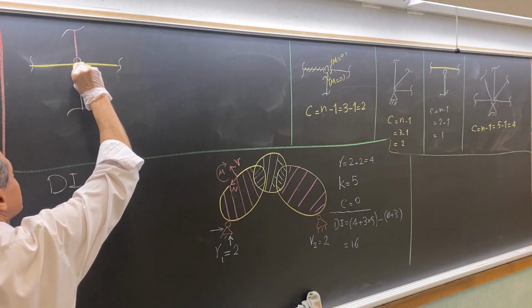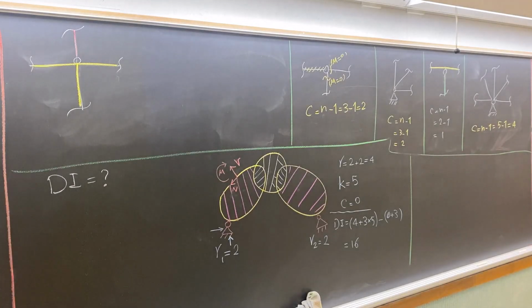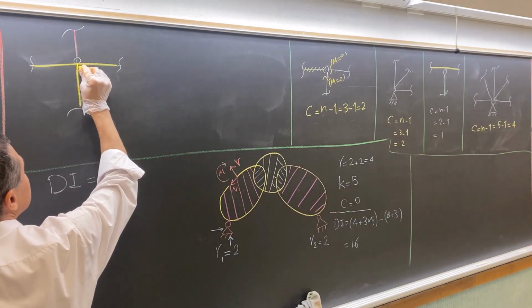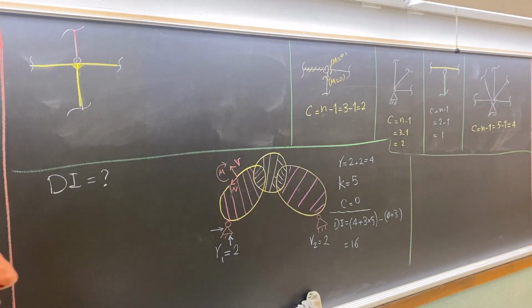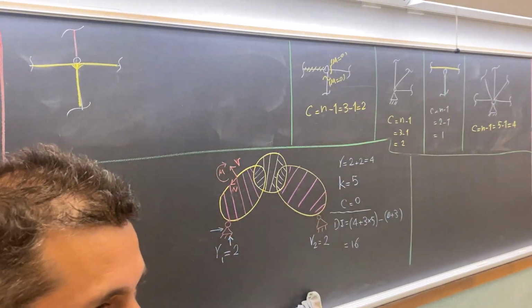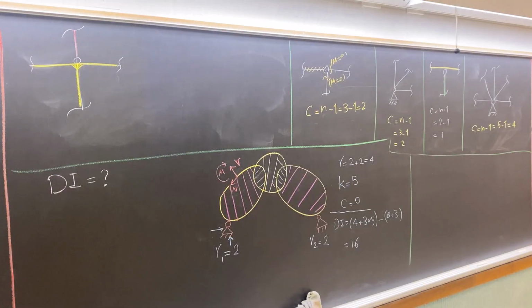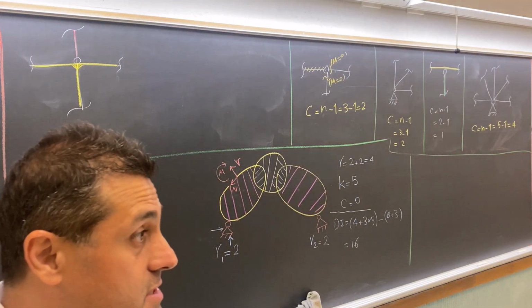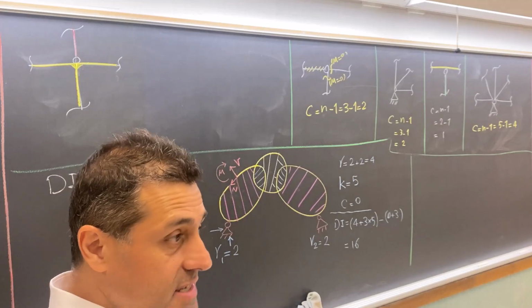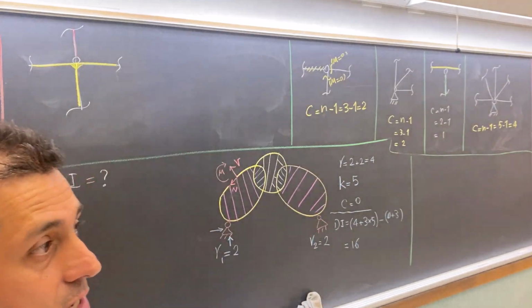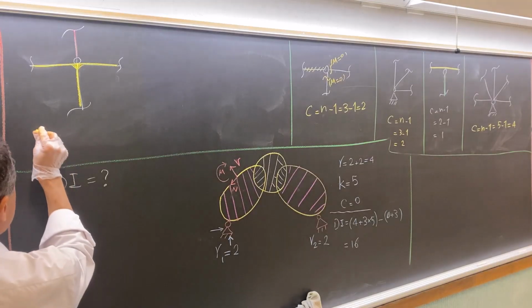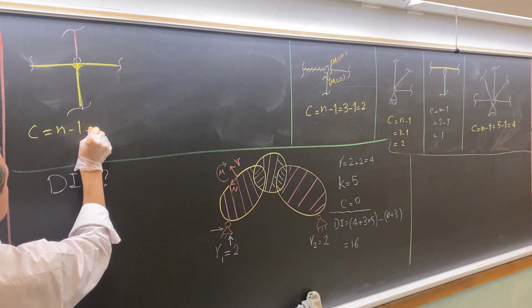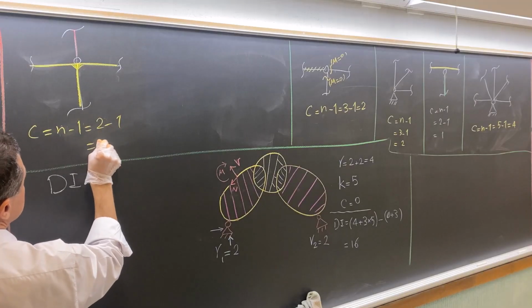This is a single element. It means here is welded. But in the textbook, they don't show it. So be careful about the location of the pin. And if it is not clear, for example, during the exam, if the pin is not clear, you can raise your hand. I will tell everybody the location of the pin, because you must know. So C is n minus 1, which is 2 minus 1, which is 1.